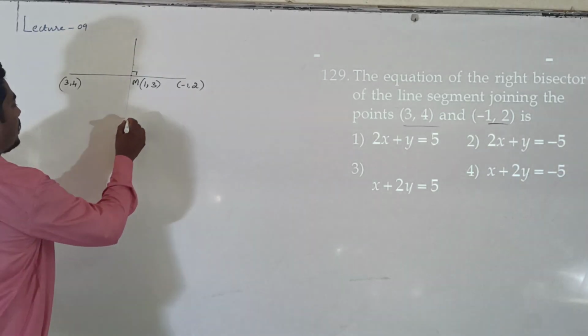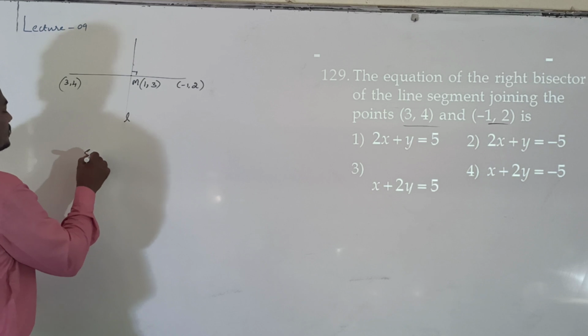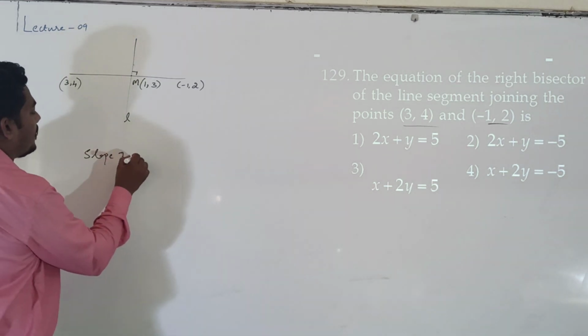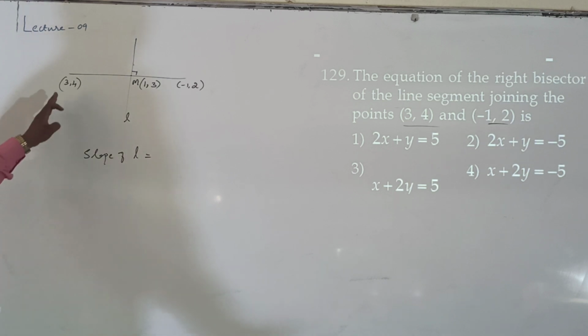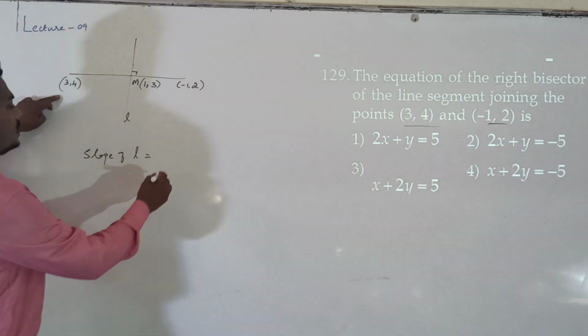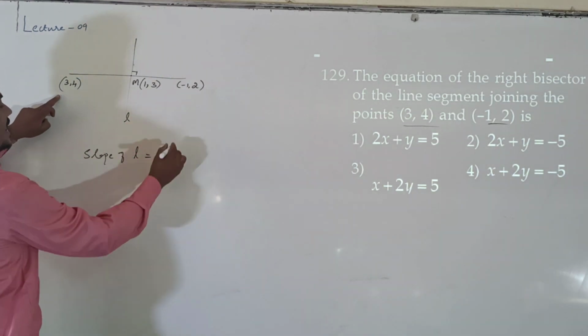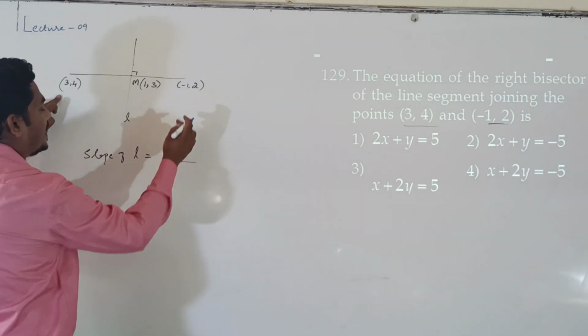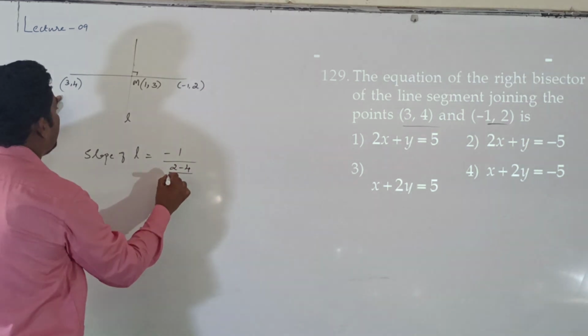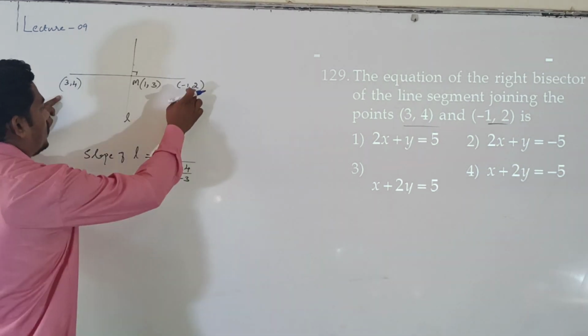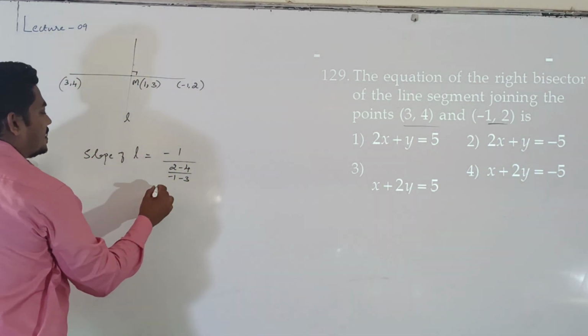Then tell me what is the slope of the required line L. Slope of L is the negative reciprocal of the slope of the given line. The slope of the given line is 2 minus 4 divided by minus 1 minus 3, y2 minus y1 divided by x2 minus x1.